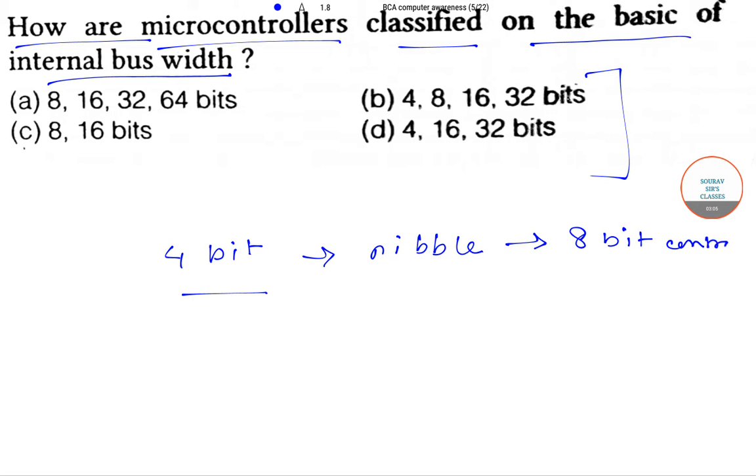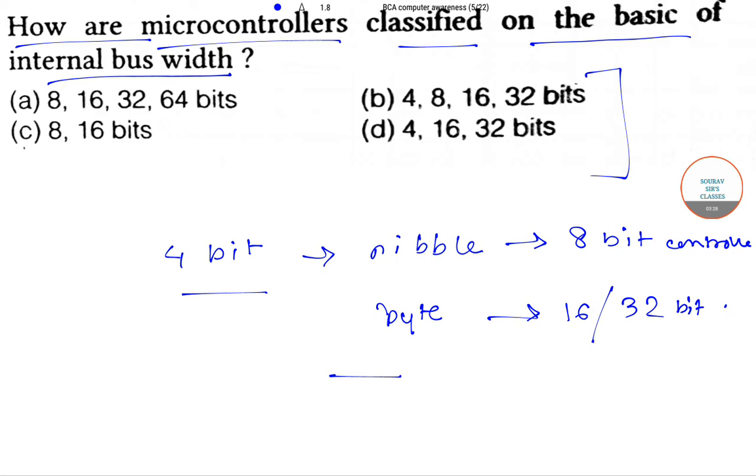Again, if it executes a byte at a time, then it is called a 16 or 32-bit controller.